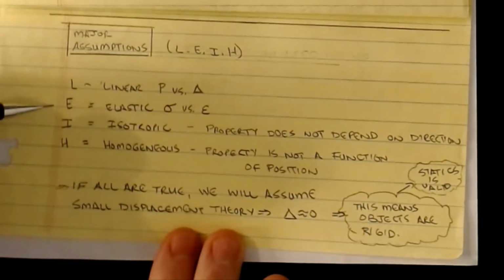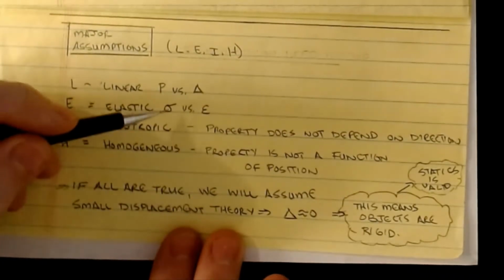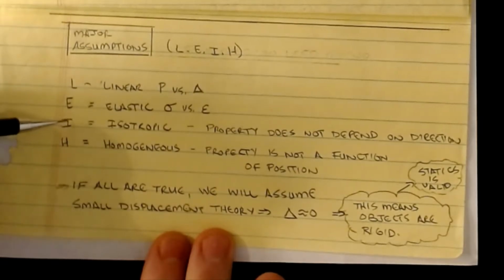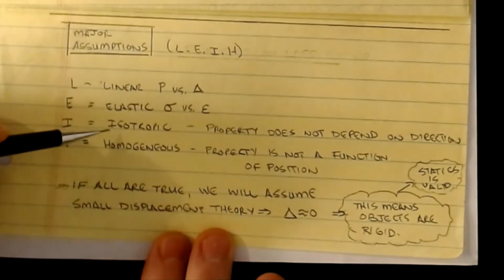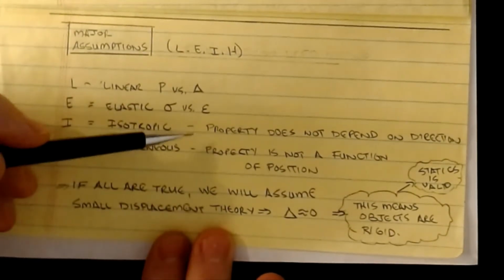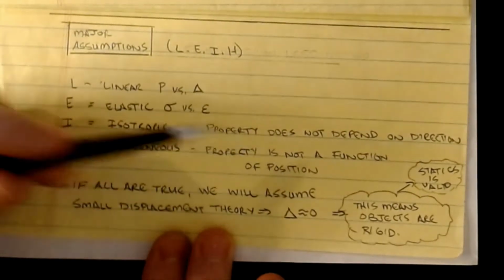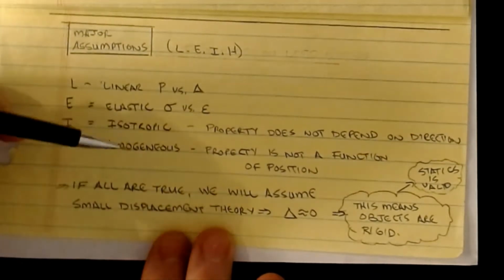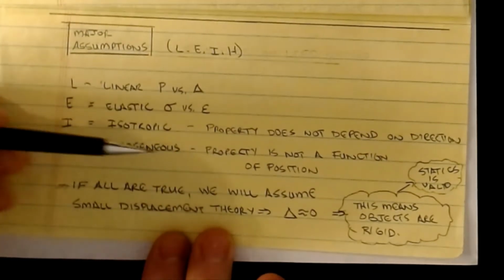The E is elastic, which is our stress versus strain relationship that we showed you. The I is isotropic, meaning that the material properties themselves do not depend on direction. And the H is homogeneous, meaning that the property is not a function of position in the structure.